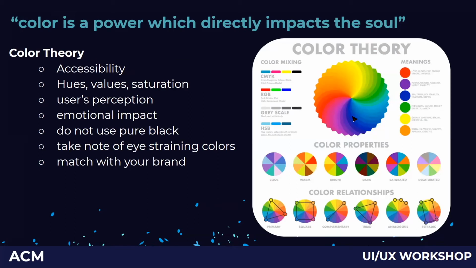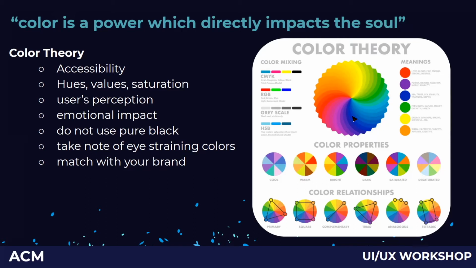Okay, now let's go into color theory. Color is the power which directly impacts the soul. It ties back to accessibility. You need that in your user experience and your UI design.